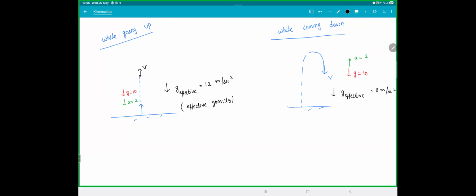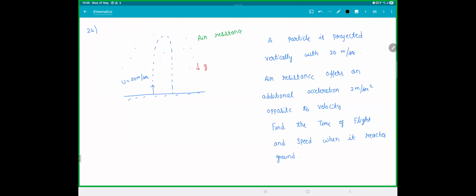Are you guys clear with the question? So while going up, it behaves as if gravity is 12. While coming down, it behaves as if gravity is 8. That is the meaning of it offers an additional 2 meters per second square opposite to velocity. Whichever way you're traveling, it will generate an extra 2 in the opposite direction.